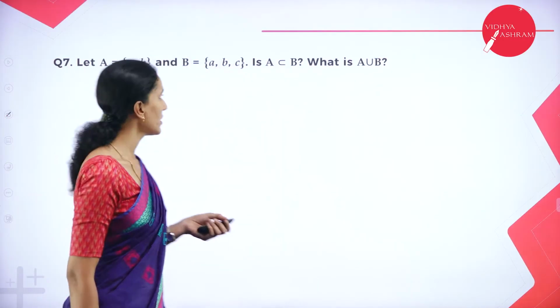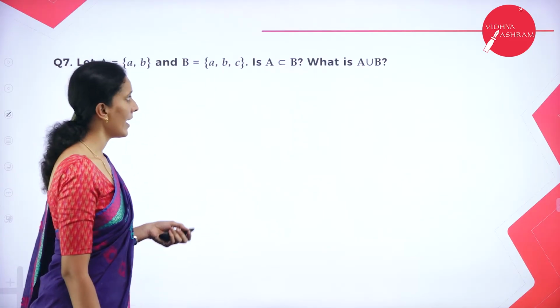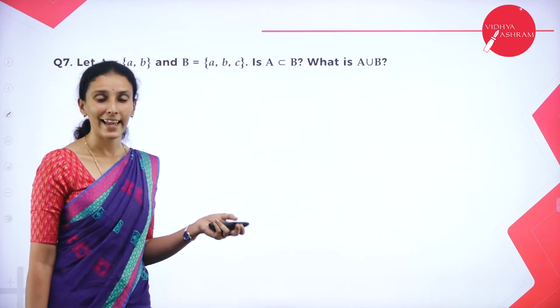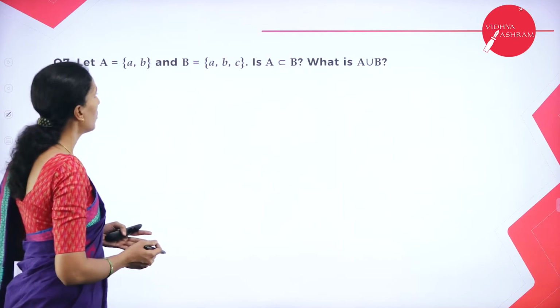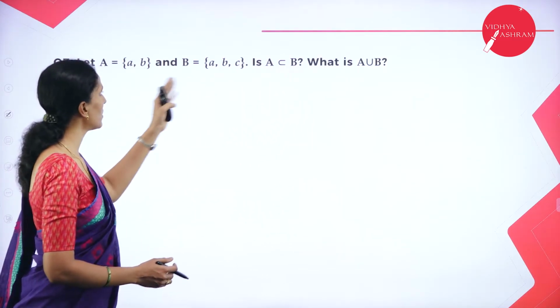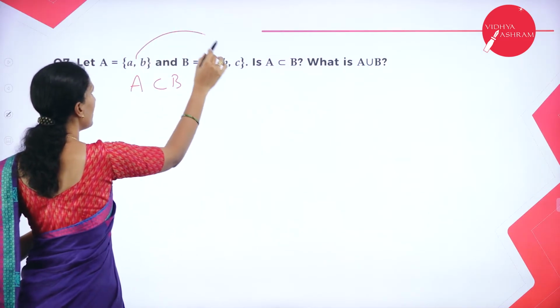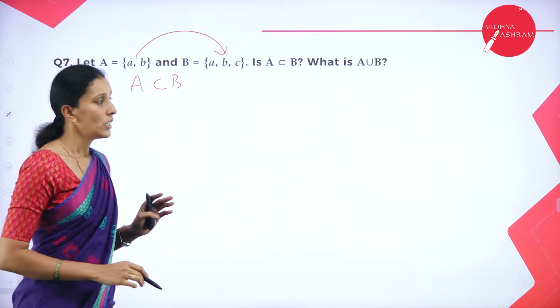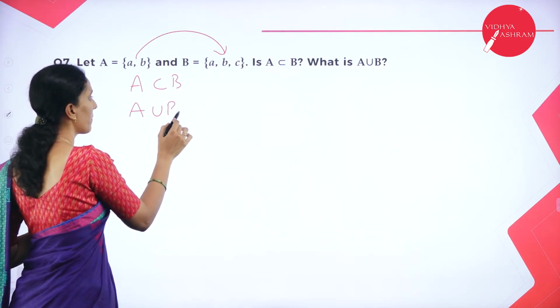Next, here's a question given. Let A be {a, b} and B be {a, b, c}. A is a subset of B. What is A union B? These types of questions may be asked for 2 marks. It is a very simple, logical question. You can clearly observe here A is a subset of B because all the elements of A are in B. So when A is a subset of B, what is A union B?